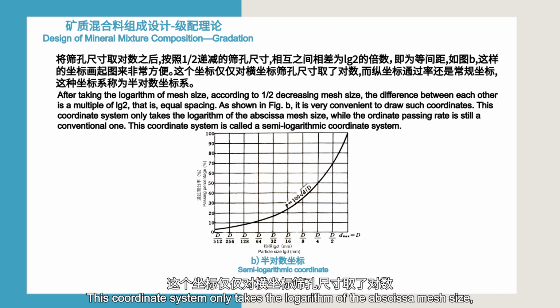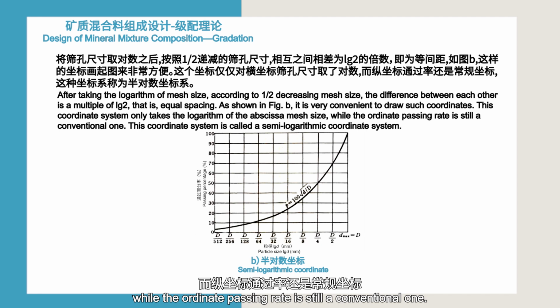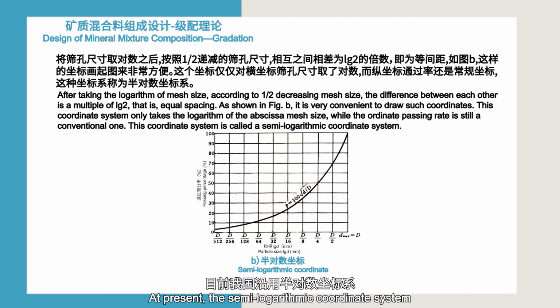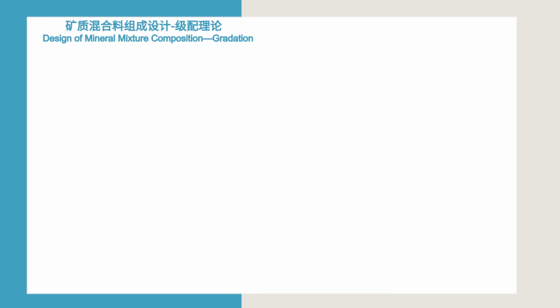This coordinate system only takes the logarithm of the abscissa mesh size, while the ordinate passing rate is still a conventional one. This coordinate system is called the semi-logarithmic coordinate system. At present, the semi-logarithmic coordinate system is still used to draw grading curves in China.